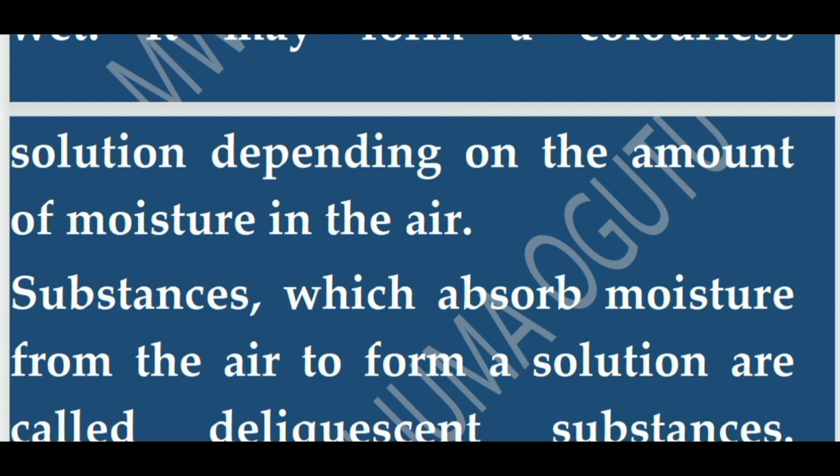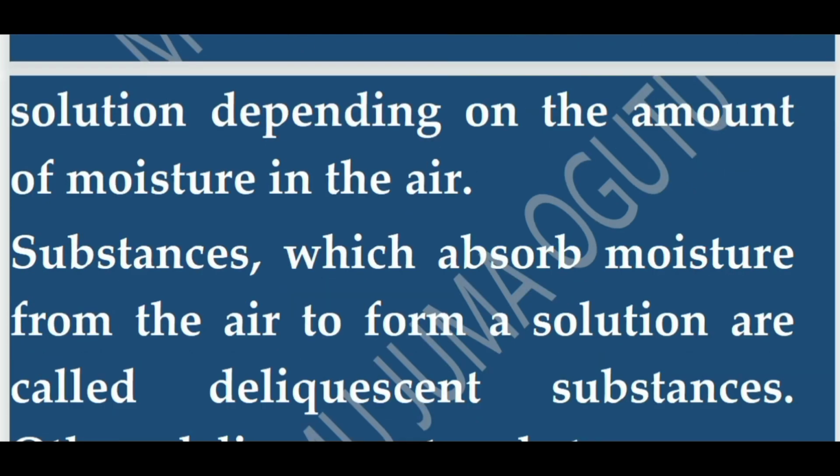So substances which absorb moisture from the air to form a solution are called deliquescent substances. So remember, we said that the deliquescent substances absorb water vapor or moisture from air and they dissolve.